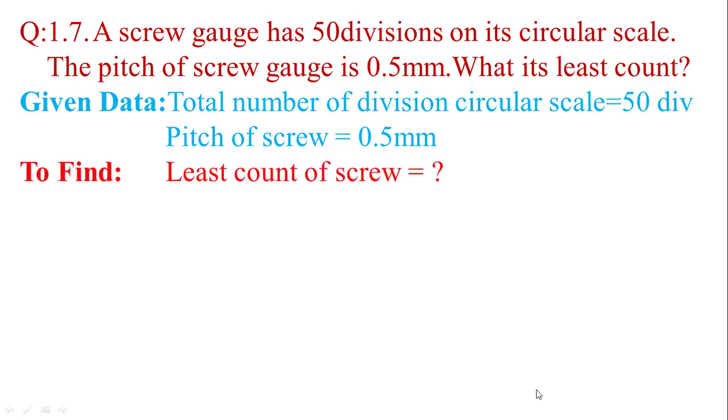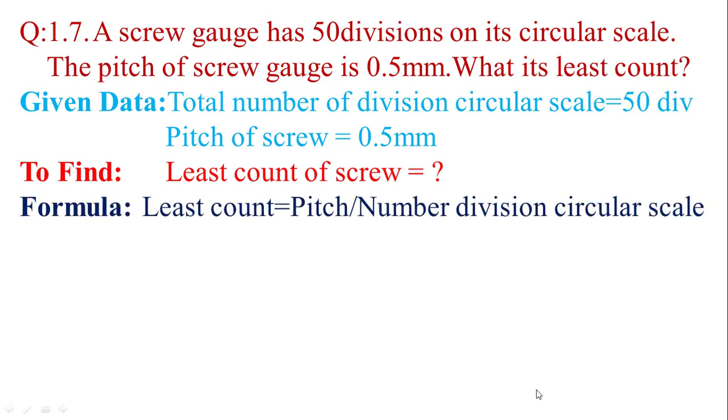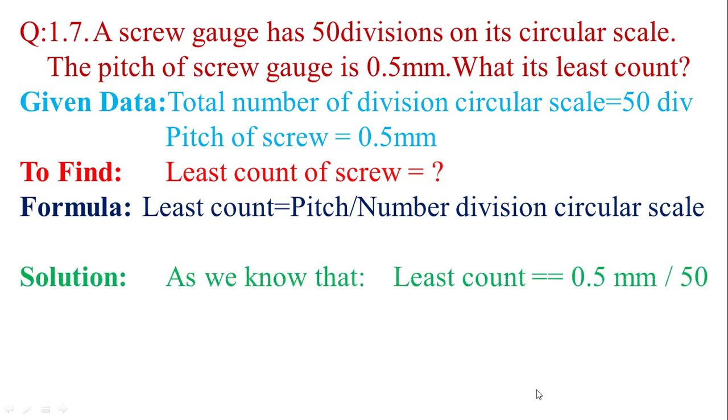To find the least count, we use the formula: least count is equal to pitch divided by number of divisions on the circular scale. Solution: as we know, least count is equal to 0.5 millimeter divided by 50.